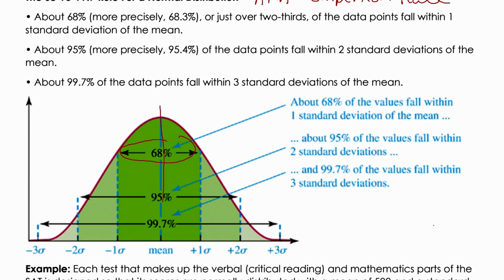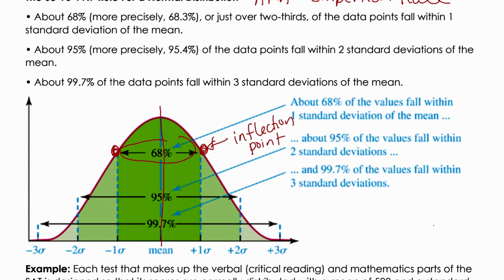The mean is always in the middle. And if I come out one standard deviation in either direction from the mean, about 68% of the data is going to fall on that interval. These points here that I'm drawing are approximately the inflection points, because that's where we have our first standard deviation out in either direction from the mean.